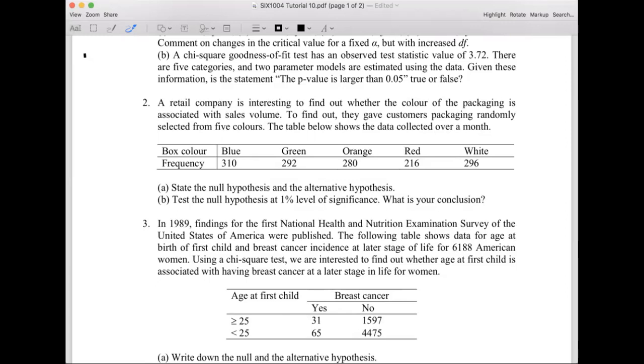Then you multiply by the total sample size, which you have to calculate. Then you can get your expected frequencies, and then you can find your chi-square statistic. This should be quite simple.